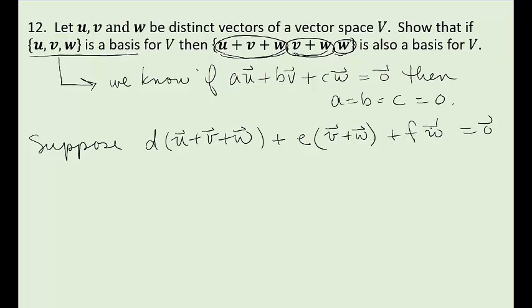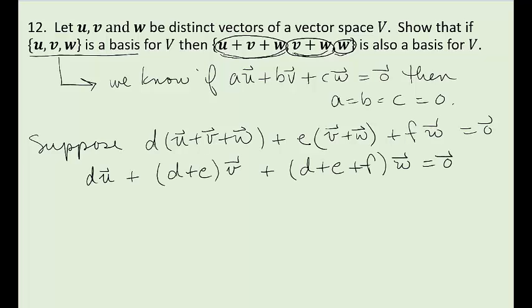Well, let's multiply it out. You do that quickly, and collect like terms. So I rewrote the linear combination above as a linear combination of u, v, and w. Well, we know that those vectors are linearly independent, so this implies that D is equal to 0, D plus E, the coefficient of v, is equal to 0, and D plus E plus F, the coefficient of w, is equal to 0.